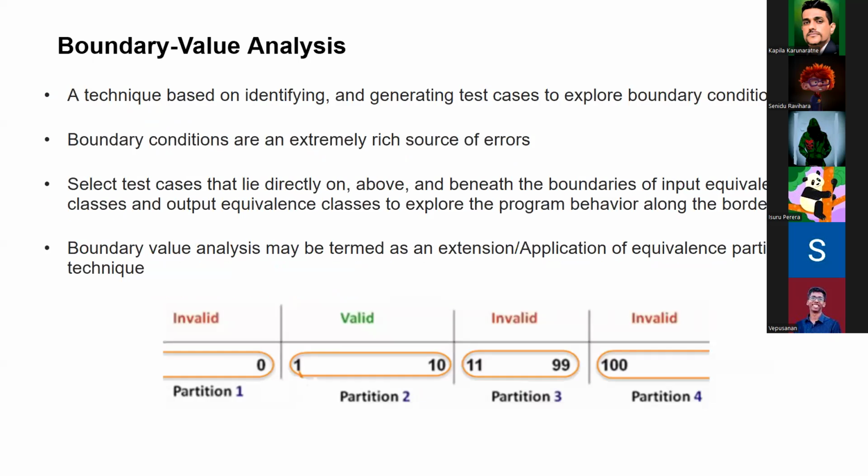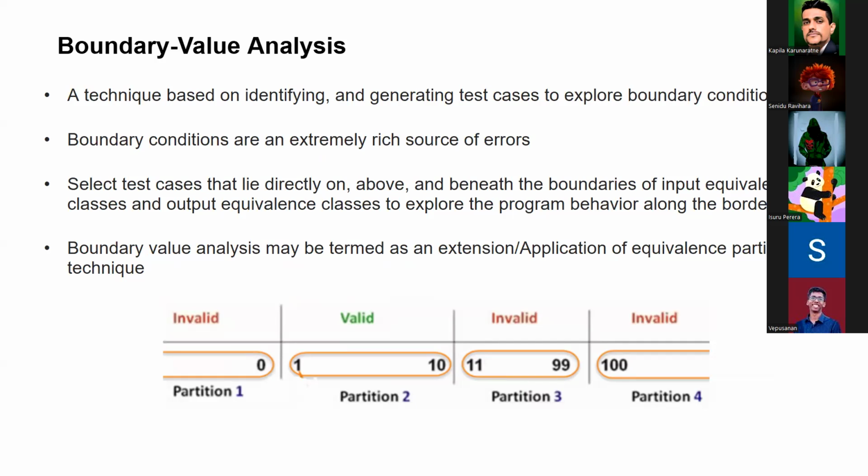Boundary value analysis uses the same example. You can find boundaries: 12 is a boundary, 60 is a boundary, because there are sharp limits. Below 12 there is one percentage, 12 and above is another percentage, below 60 is another percentage, and 60 and above is another. Those are the boundaries.